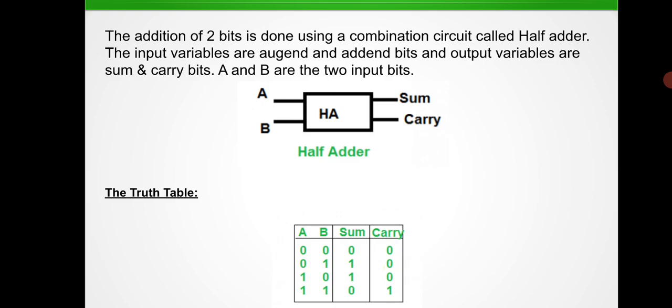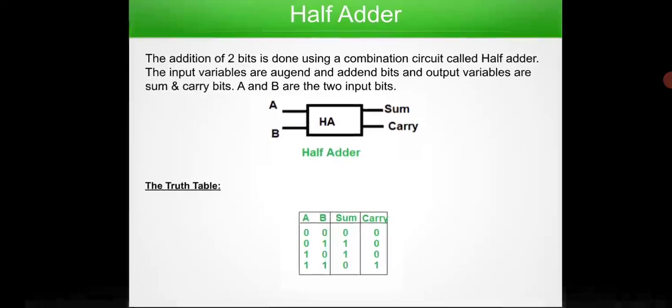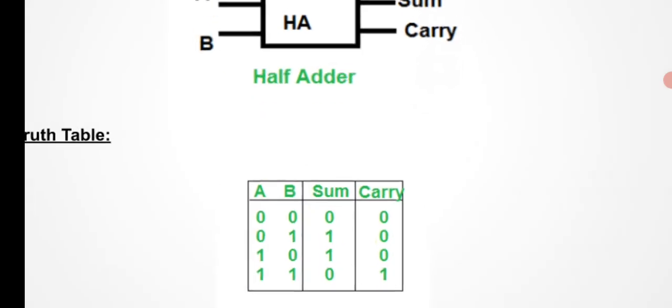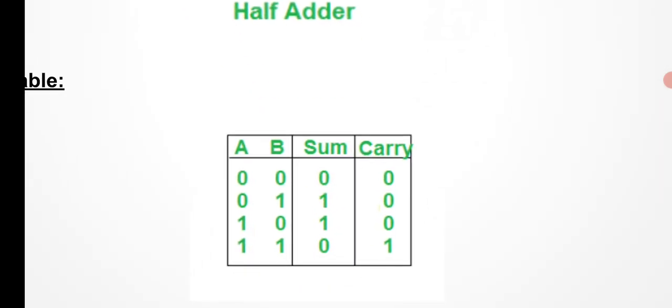HA is nothing but half adder, and it is a combinational circuit. This is a half adder because this combinational logic circuit is expecting 2 bits, it performs the addition of 2 bits, and you are going to get sum and carry as an output. Now you can see the truth table. So you have A, B, sum and carry. When you add 0 and 0, sum is 0, you don't have carry.